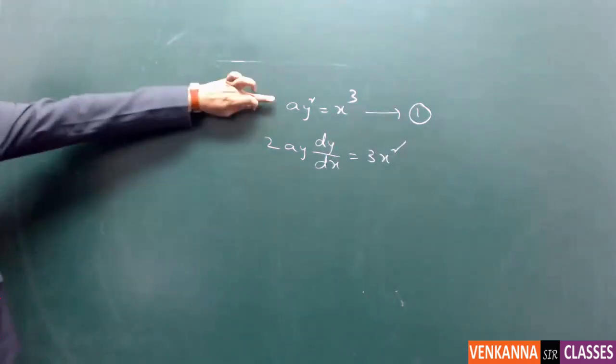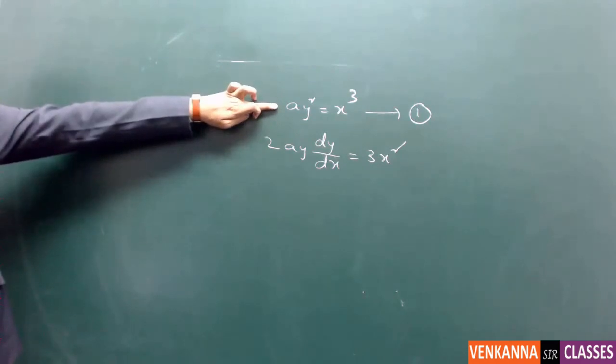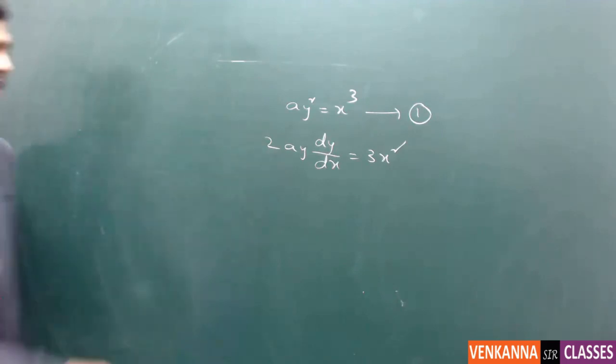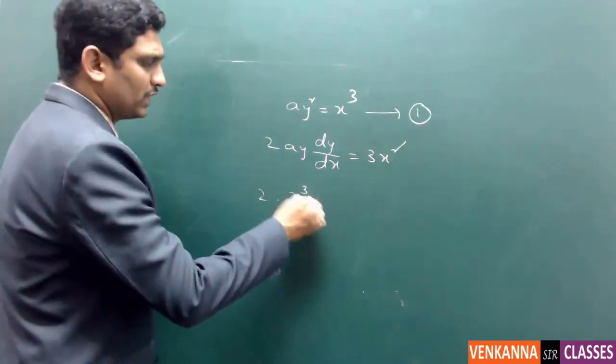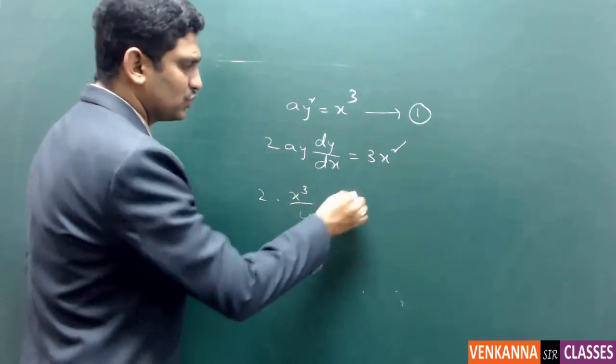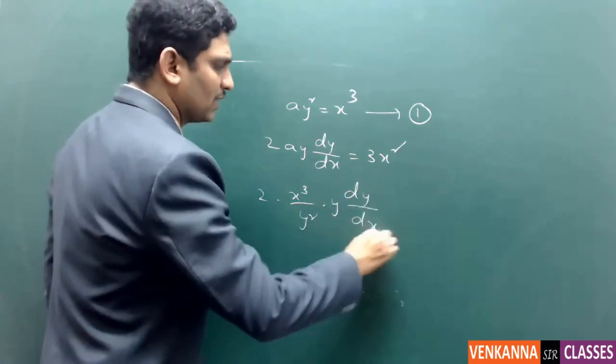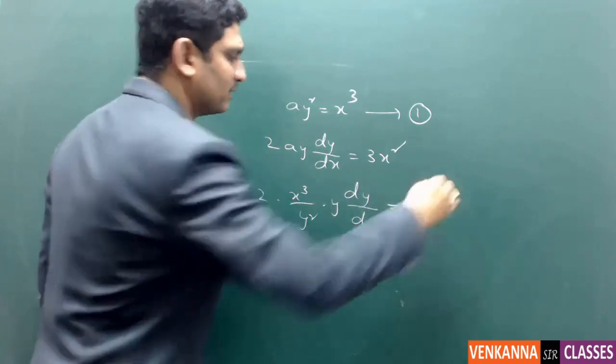As we know, from the first equation, a is equal to x cube by y square. If you substitute the value here, 2 into x cube by y square into y into dy by dx is equal to 3x square.